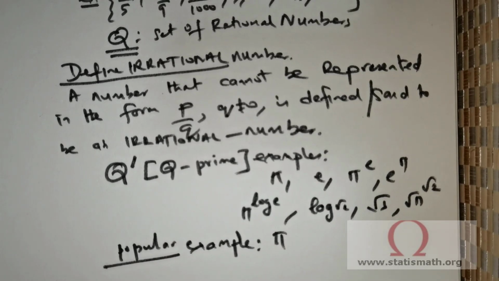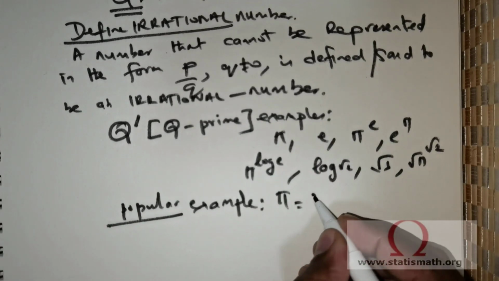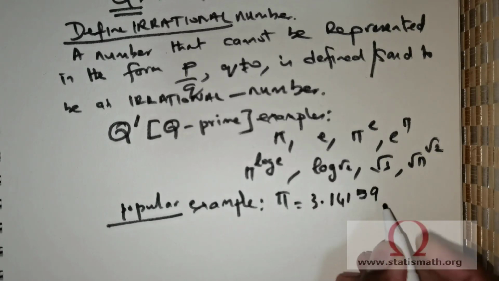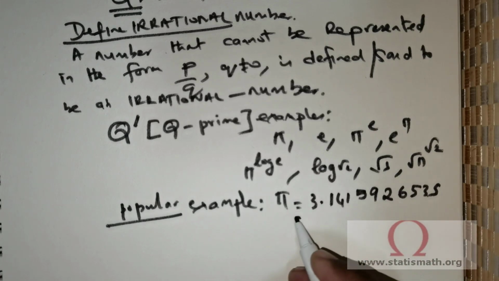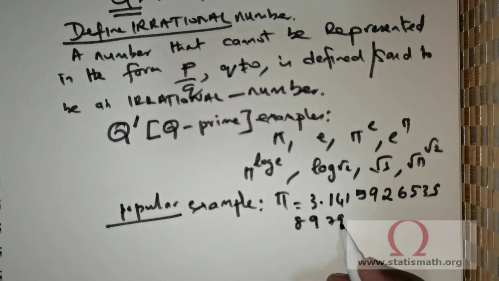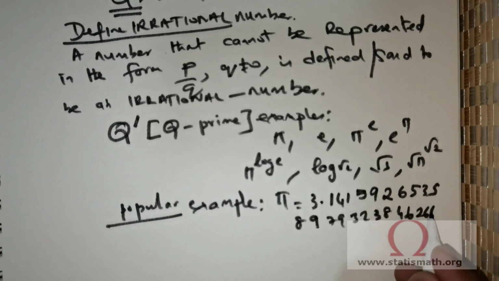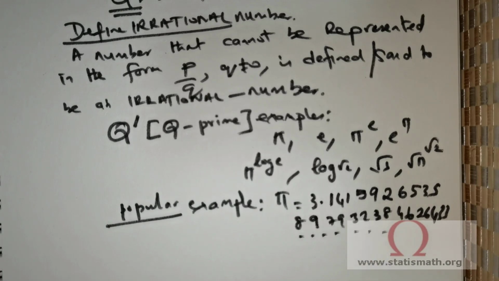Can you tell me the value of pi? If you were to write the value of pi, it would be something like this: 3.141592658979323846264333, and it goes on.